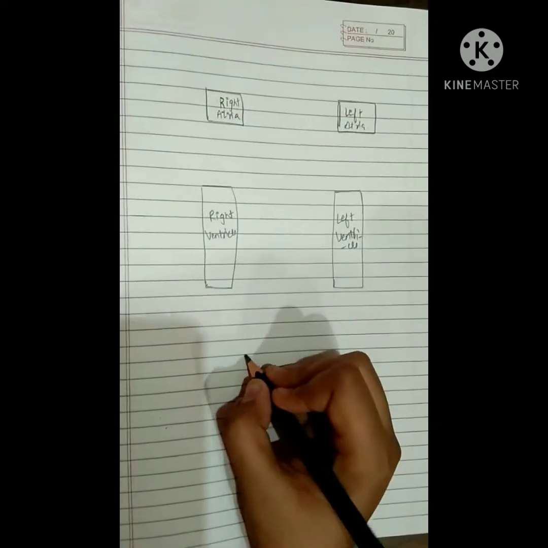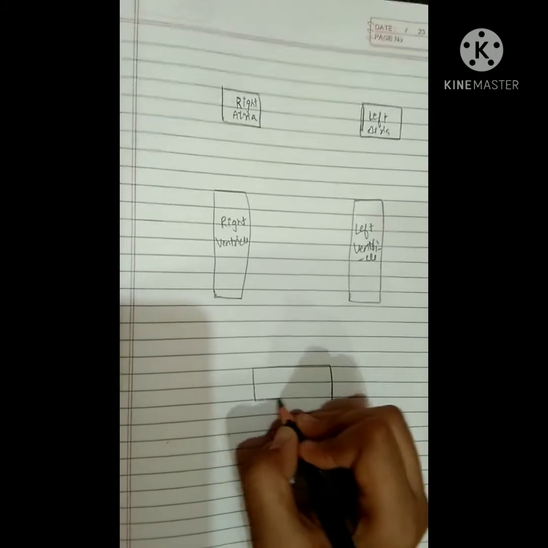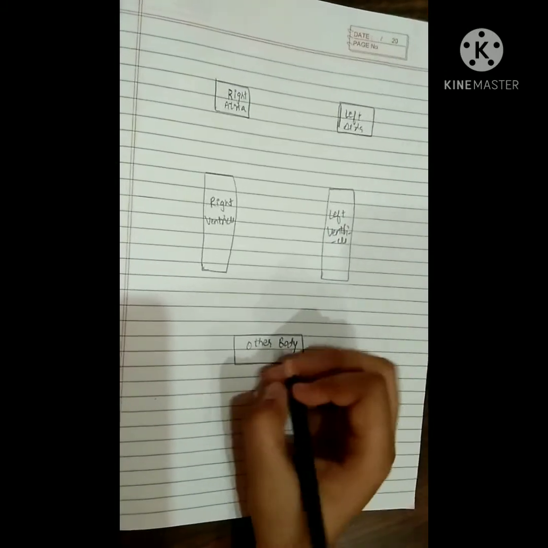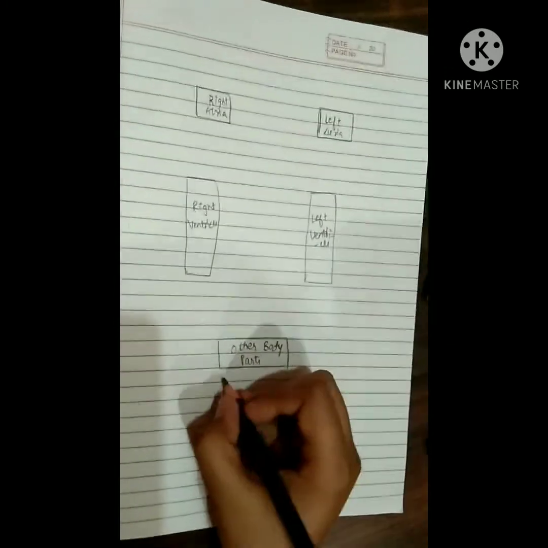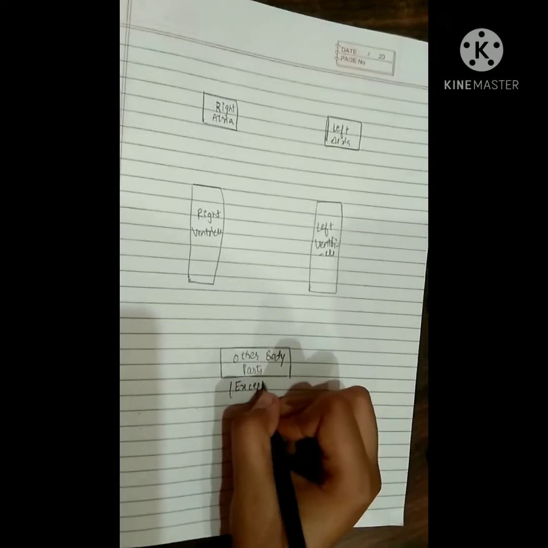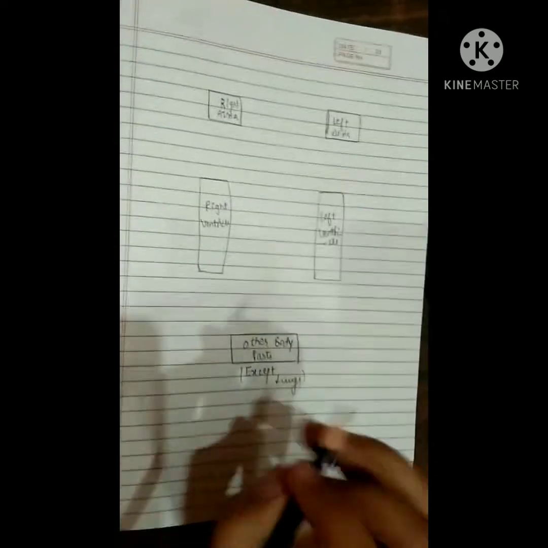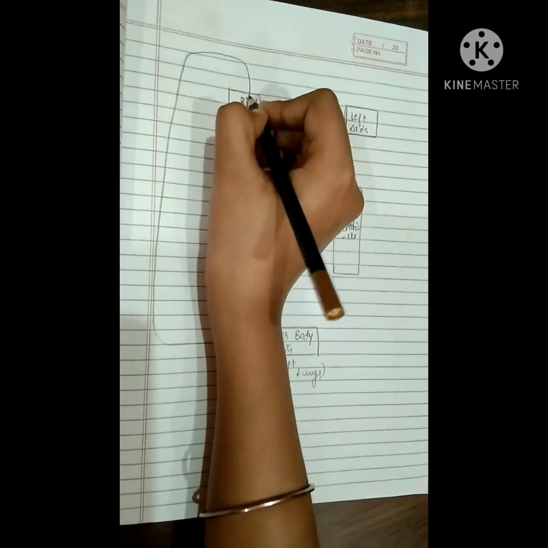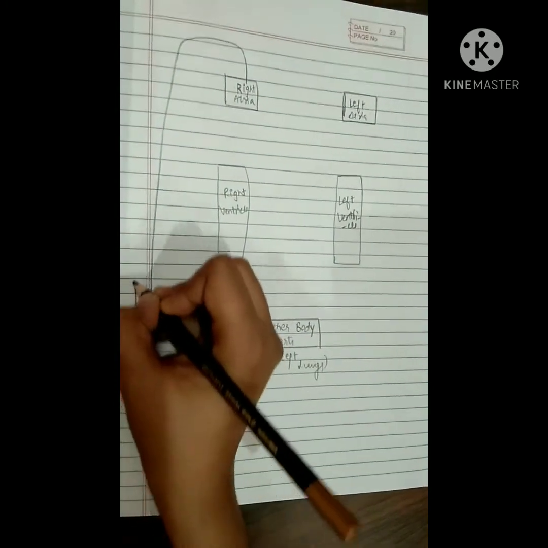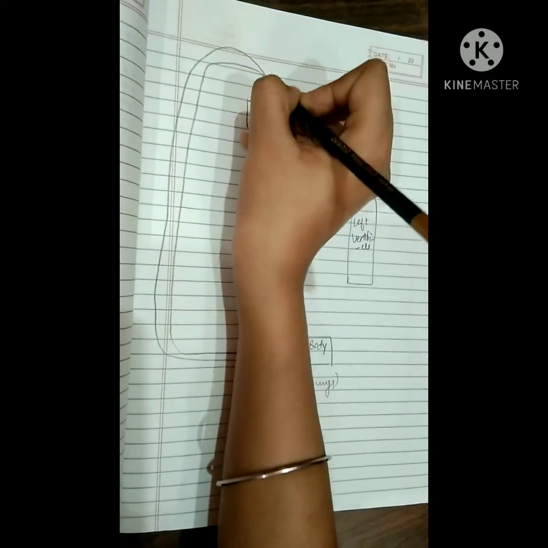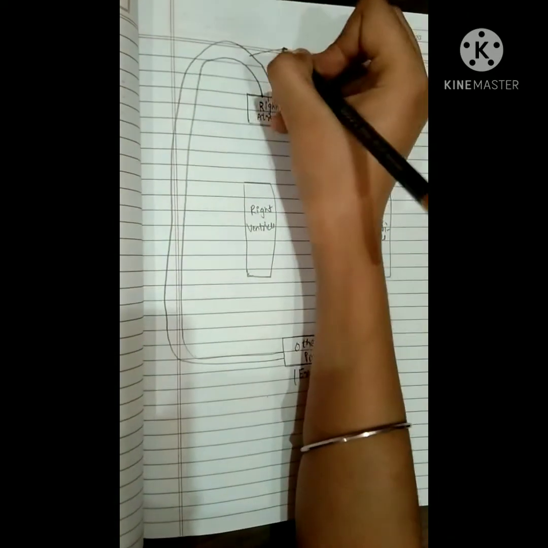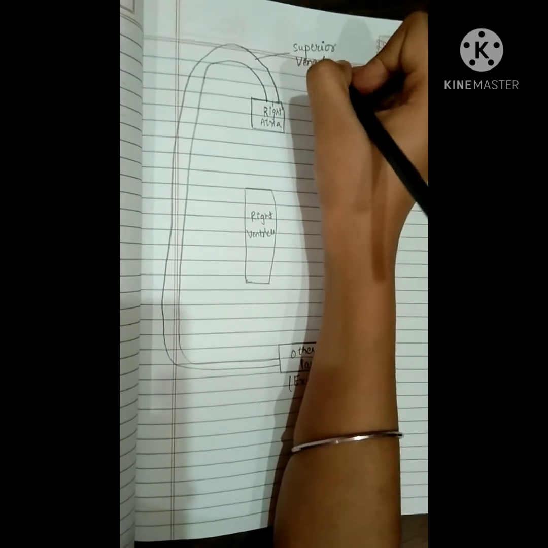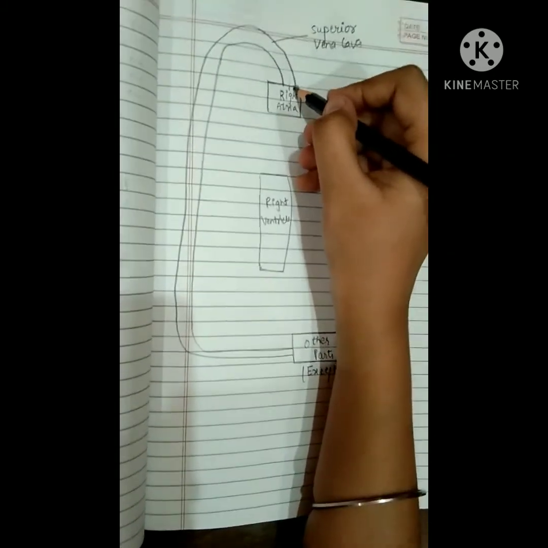So as we know, there are other body parts except the lungs, right? The superior vena cava comes and takes blood from the other body parts and sends it to the right atrium.